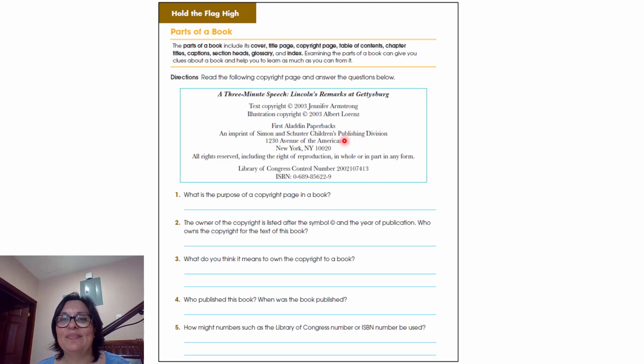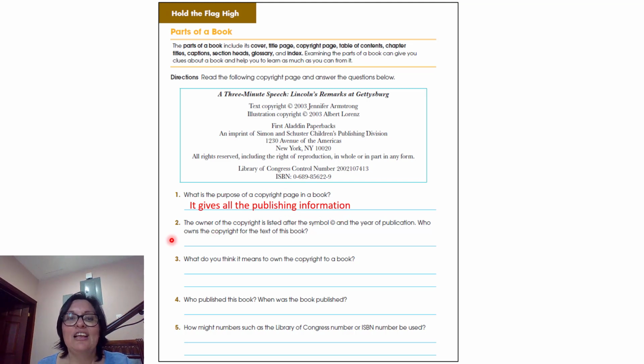About the publishing information. It gives you publishing information of the book, the year in which the book was published, the author, in what city, what company printed the book, and so on. So let's answer, it gives all the publishing information of the book.